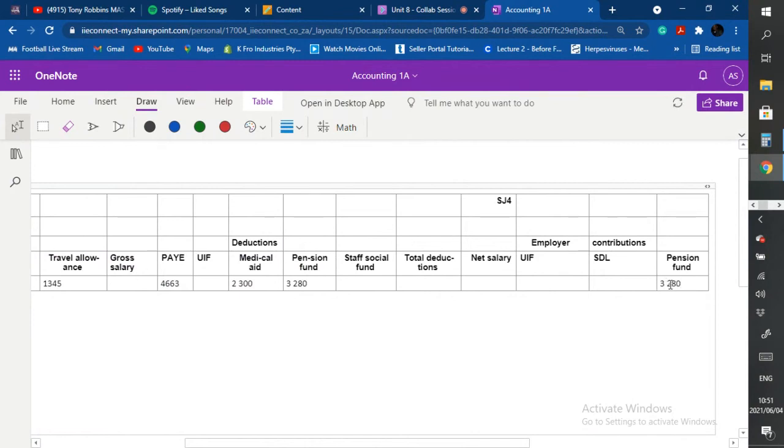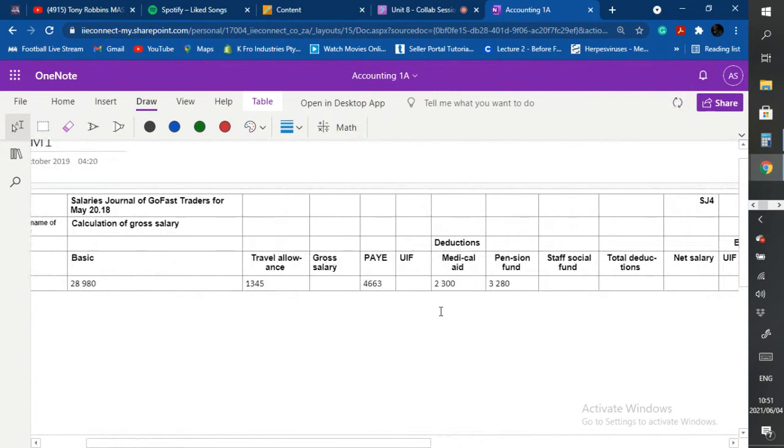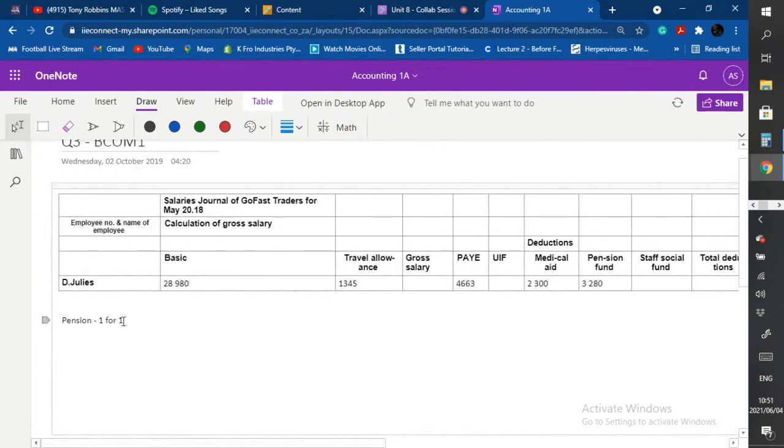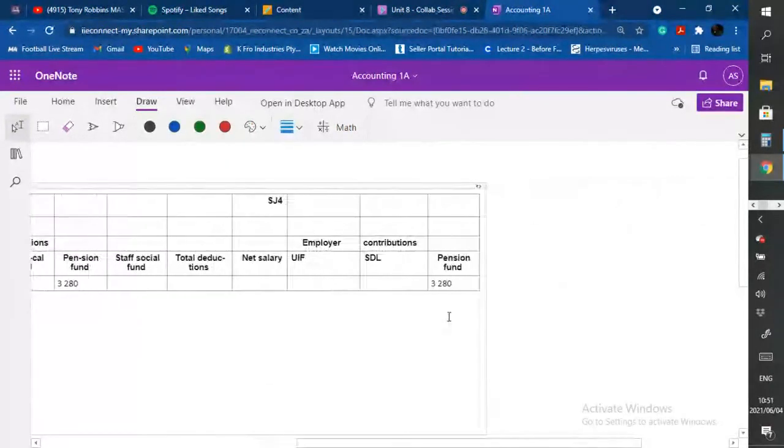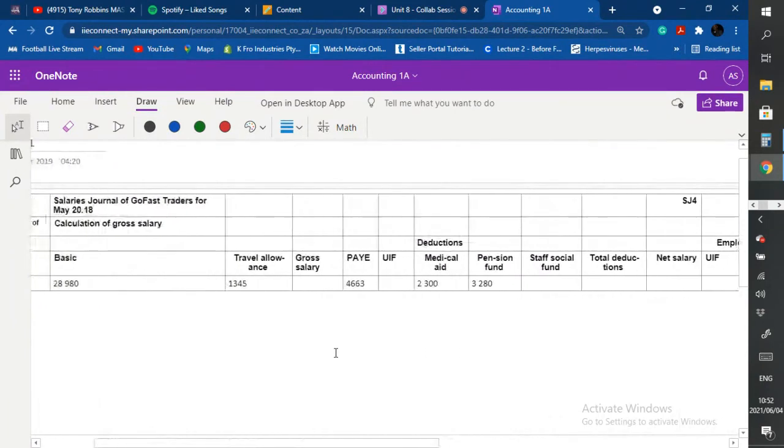If they said the employer contributes 2 rand for every rand, what that would mean is that for every 1 rand that Damien contributes, the employer would contribute 2. So it would be times 2, so that would be about 6,560. But here they said rand for rand.